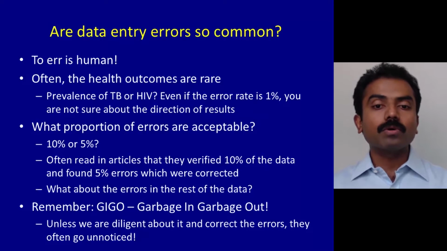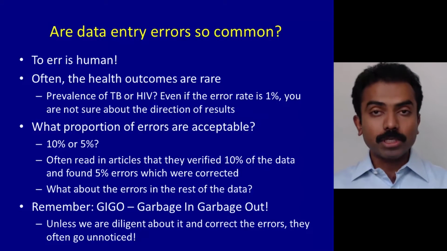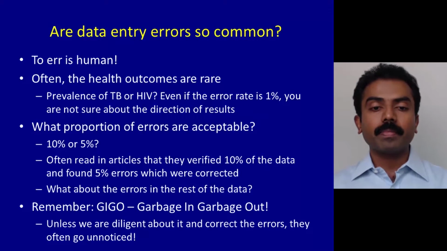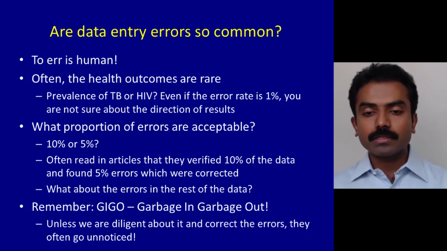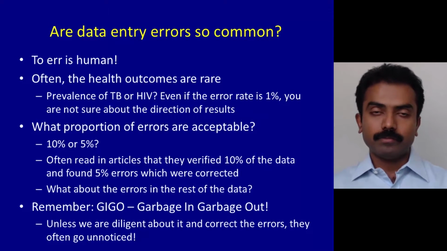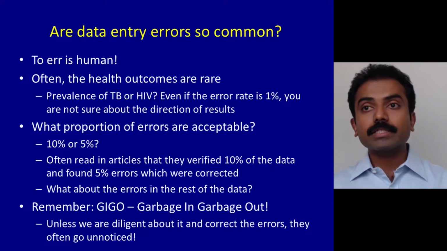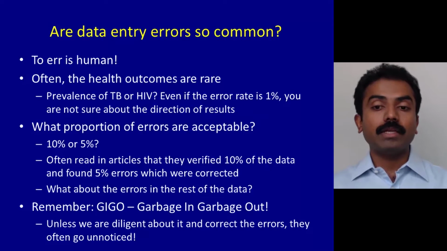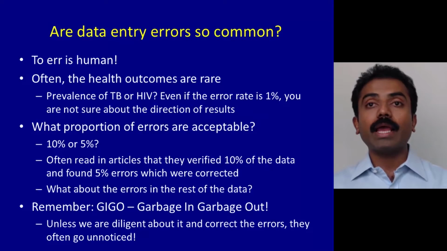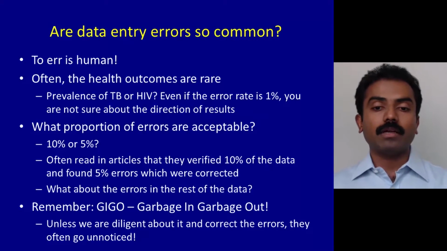And you will also note in some published articles, researchers state that they have verified 10% of their data. And in that 10%, they found 5% errors, which they corrected. Fine. But what about the rest of the 90% of the data that they didn't check? What about the errors in that portion of the data? How do you correct them?